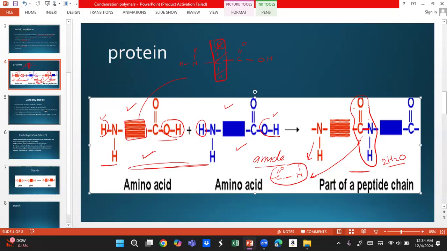Sources of proteins are first egg white and white meat, and also we have some grains, like say gram.